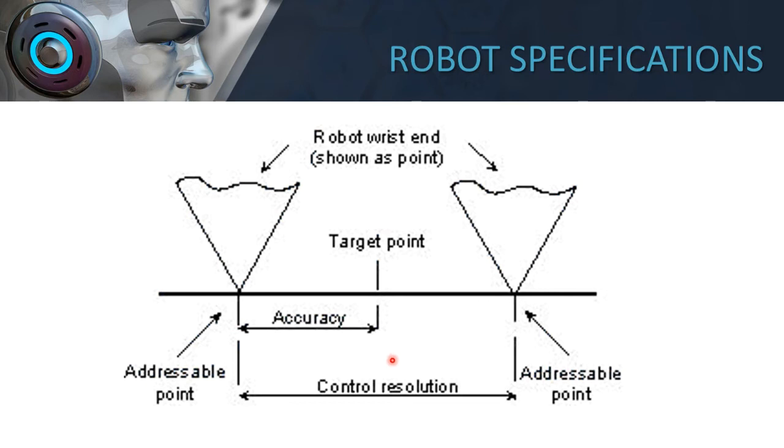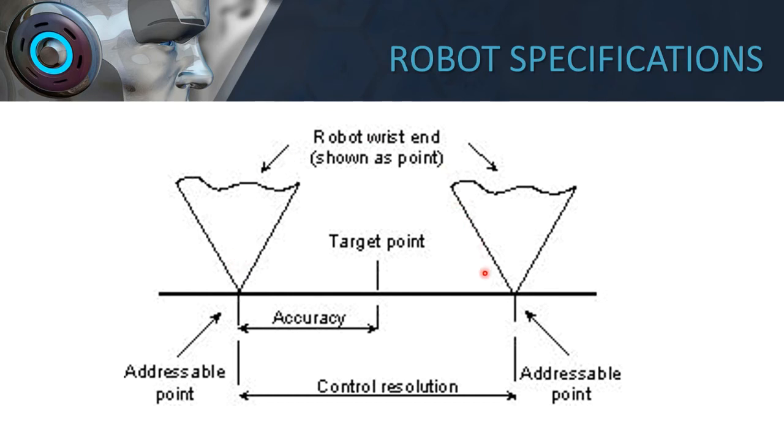Here you can see the figure depicting the control resolution. This cone represents the end effector, and that is the wrist end. There are two points the wrist end has to move between: the initial point, and then the other point, which is the addressable point, or the point it has to reach.